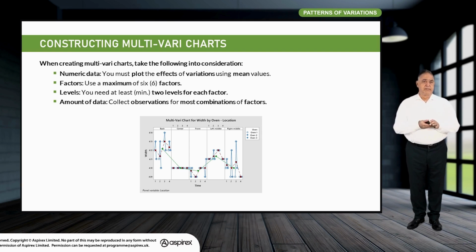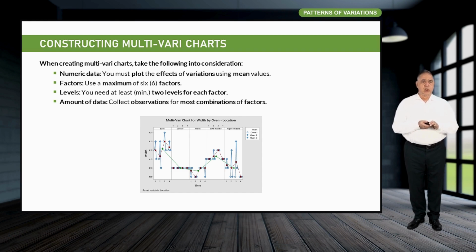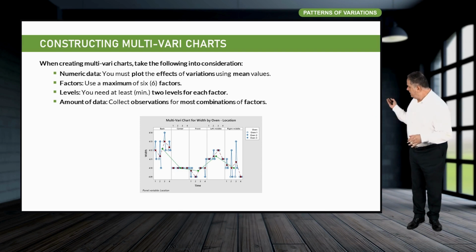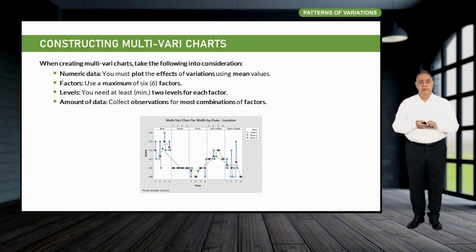It may be 0 and 1, it may be low and high, etc. And finally, the amount of data. So we collect observations for most combinations of factors.